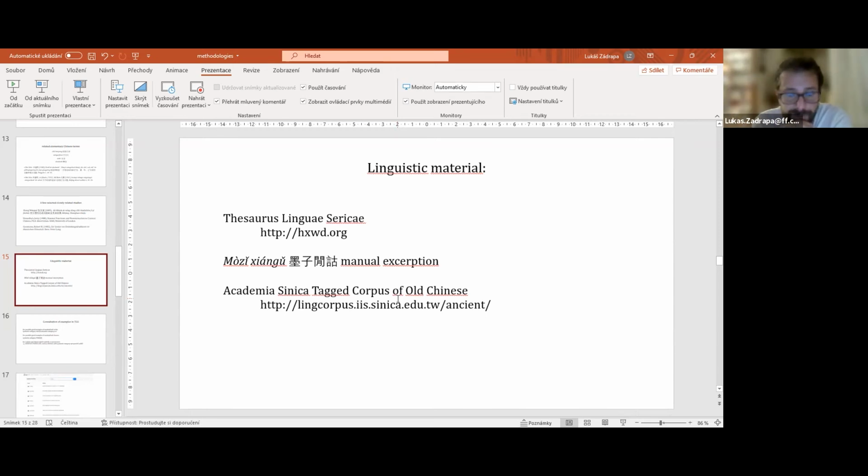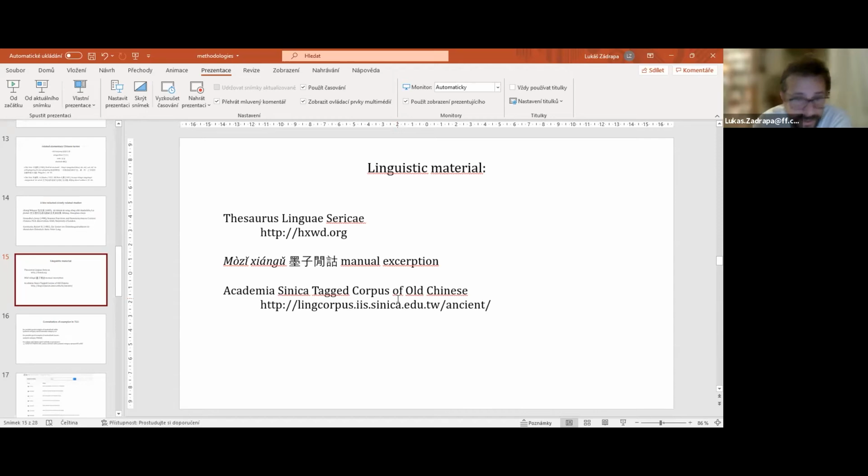Then I use, and I will show you, I think, next time, Academia Sinica Corpus of Old Chinese, which is still, as far as I know, and for my purposes, as I work on various papers and publications in general, always the most effective tool. I think this is the problem with Chinese corpora in general, which would be really nicely tagged as, for example, corpora of many European languages, including Czech, with very sophisticated syntactic tagging, and so on.